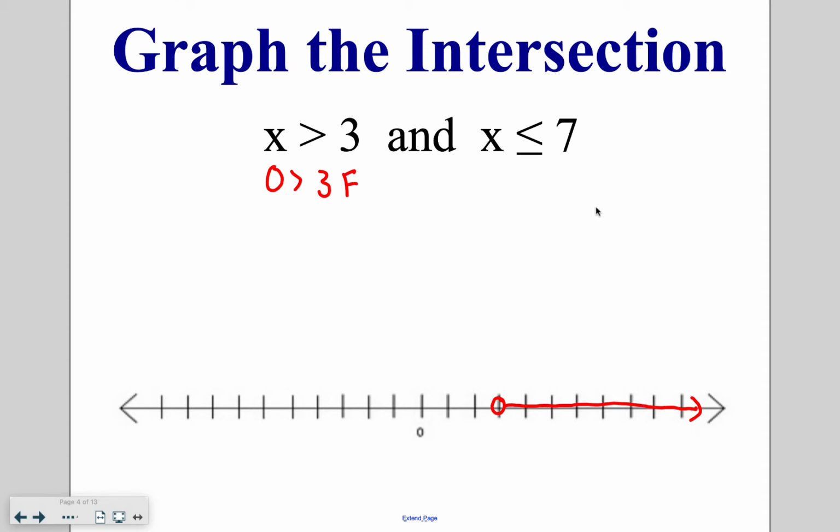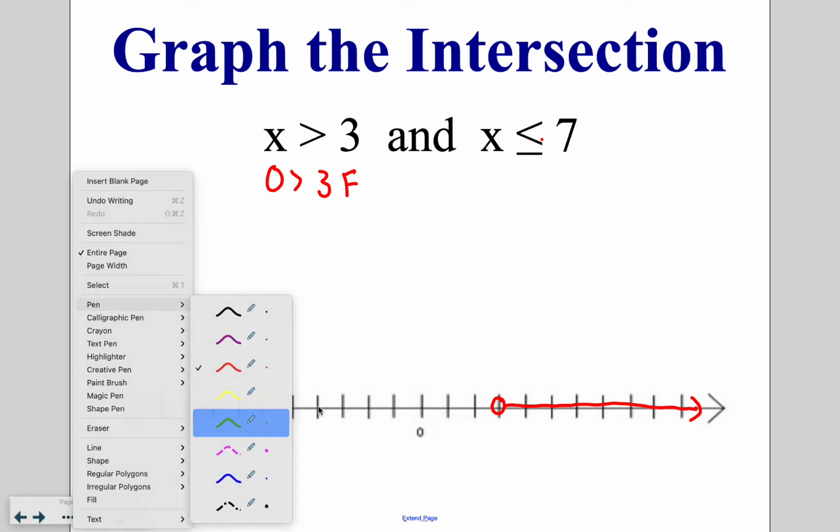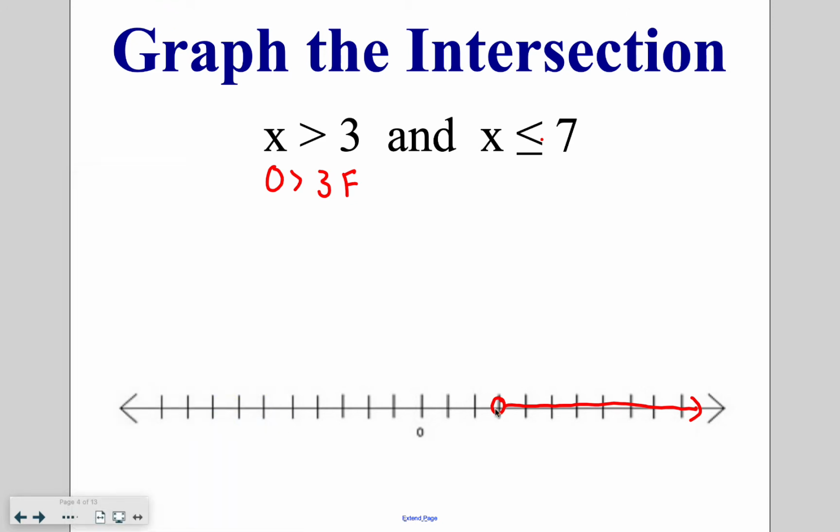Now, what changes with this compound inequality is it says it also must be less than or equal to 7. So I would go 1, 2, 3, 4, 5, 6, 7, and put my closed dot. Then 0 is less than or equal to 7, which is a true statement, so my answers for the second one should be going to the left.